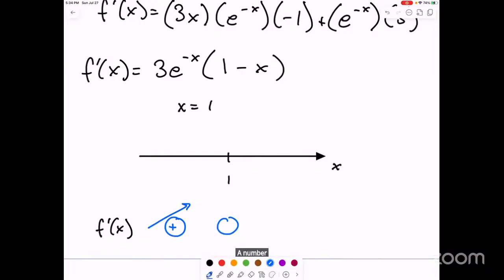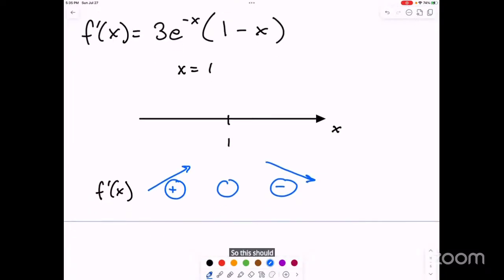A number on the right of 1 to test is when x is 2. This is going to be negative and this is going to be positive. Positive times a negative is negative, which implies the original function is decreasing. So this is a local max.